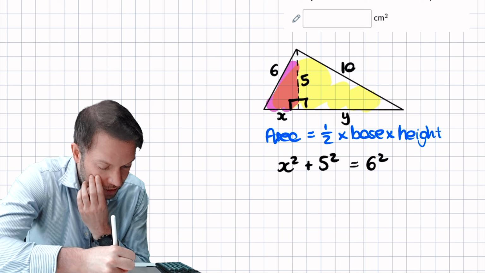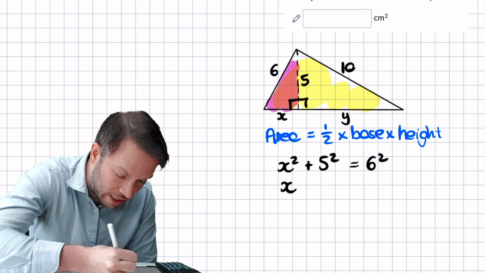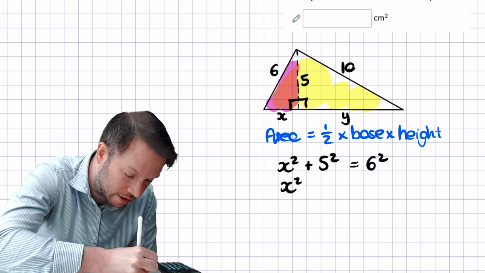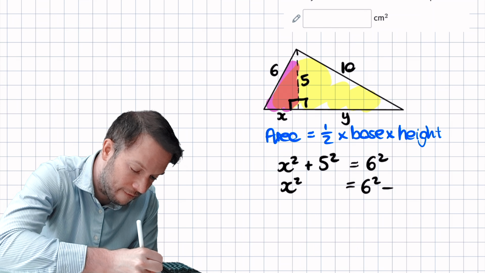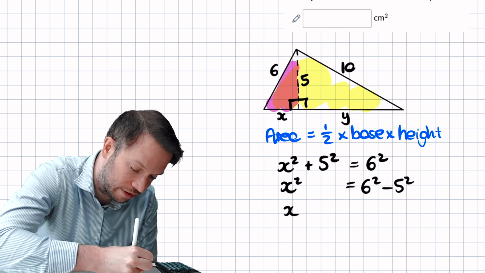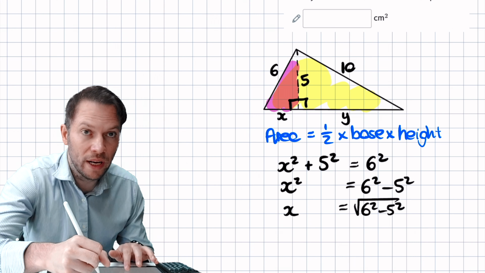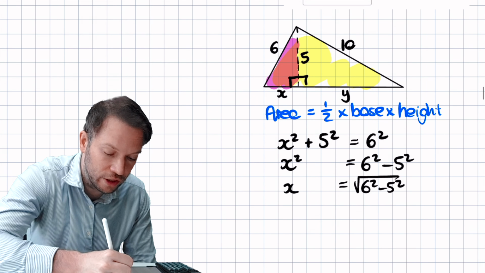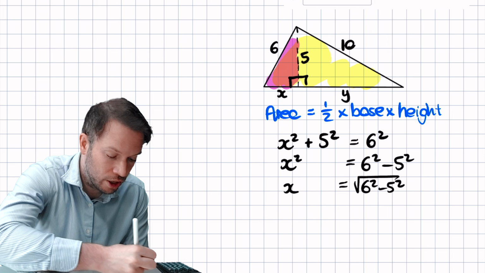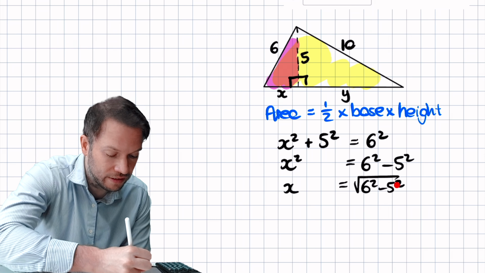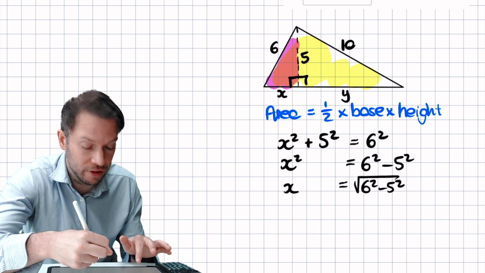And then we could subtract the 5 squared from both sides, and then we can square root both sides like this. Yep. And remember, the quick way of doing this is that if you're trying to find one of the shorter lengths of the right angle triangle, you subtract the squares of the sides and then square root it. And we'll do that for the other triangle in a moment.